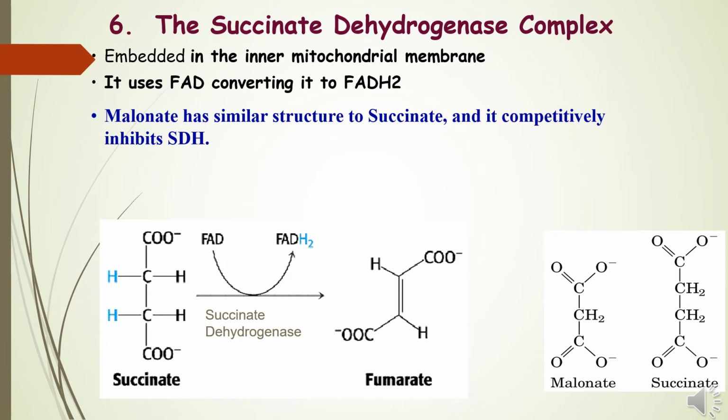Step 6 of the citric acid cycle is a succinate dehydrogenase complex reaction, where succinate is oxidized to fumarate by succinate dehydrogenase.